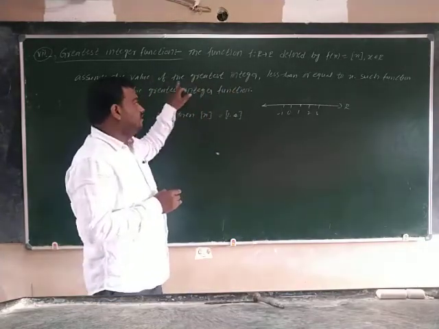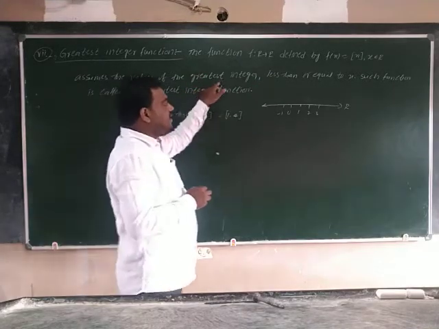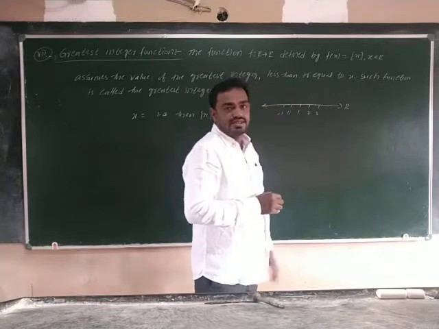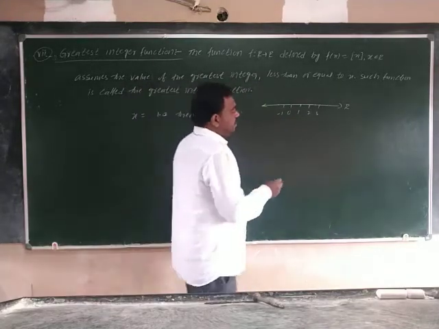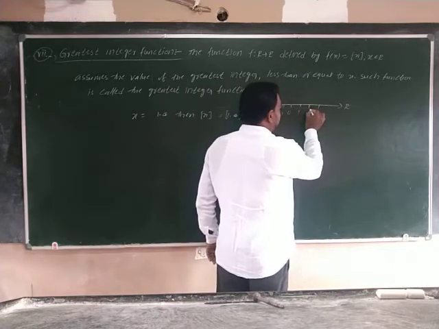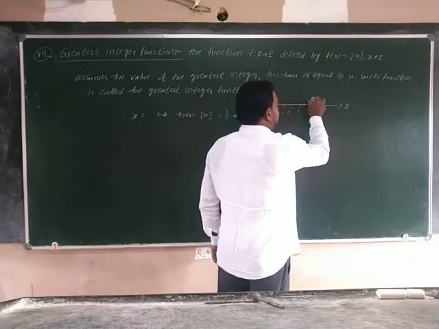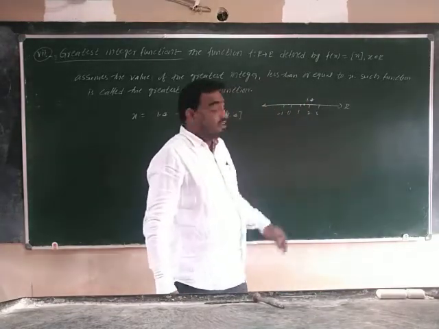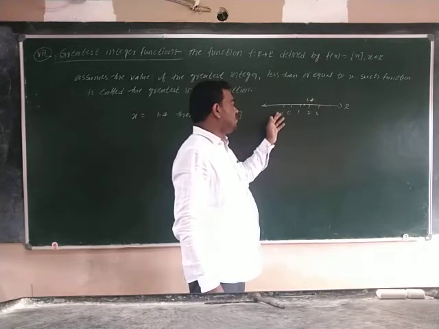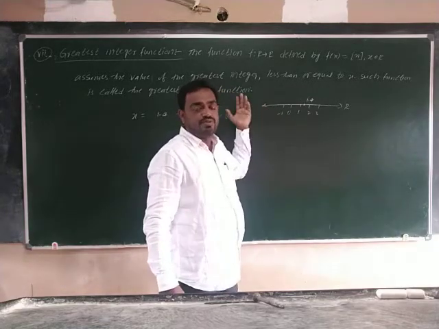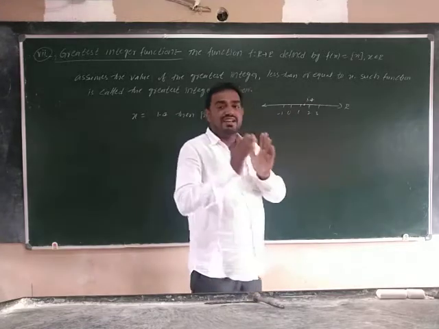Based on the definition, f of x is equal to the greatest integer of x, which assumes the values of the greatest integer less than or equal to x. What is the x value? 1.4. You find it here between 1 and 2. This is the point 1.4. What are the lesser values? 1, 0, minus 1, minus 1.5, minus 2, and so many values we have. In this, what is the greatest integer?